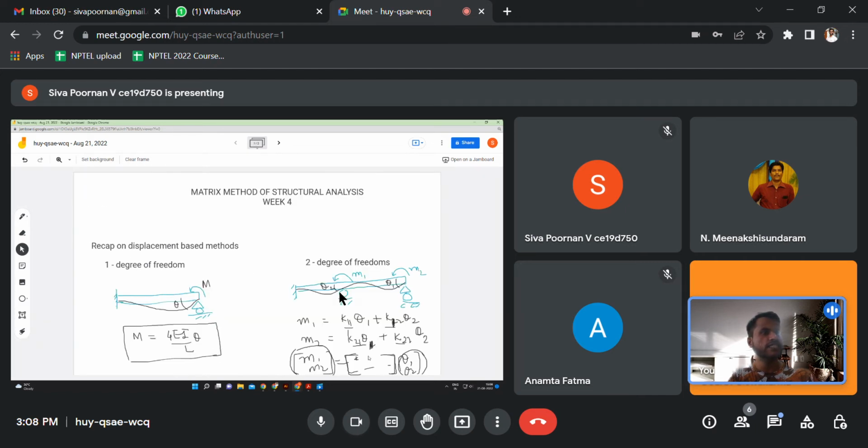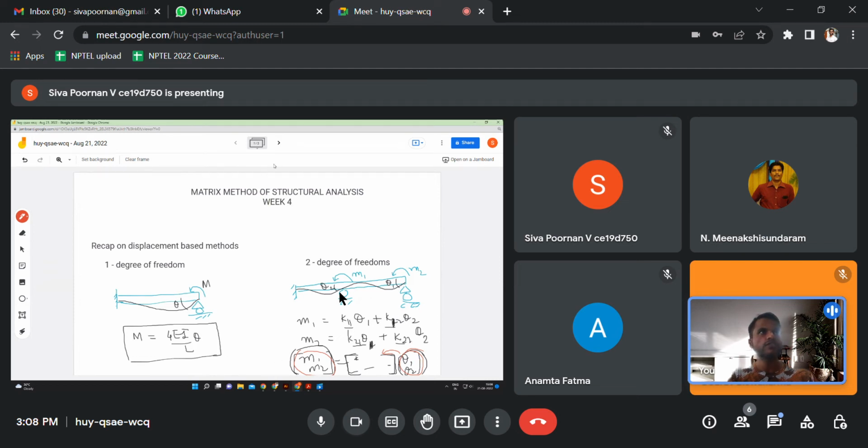If you see here, if we know the displacements at these points, if theta 1 and theta 2 are known, then we can multiply with these numbers to get this thing, right? If we do the other way, then it's called a flexibility matrix. If we invert it and bring it here, then for a given moment we can multiply with the flexibility matrix to find out the displacements.